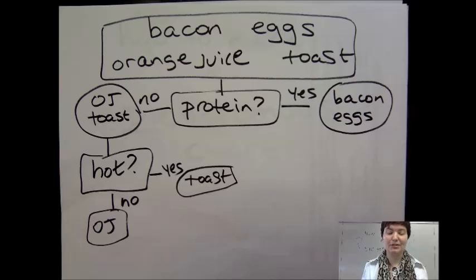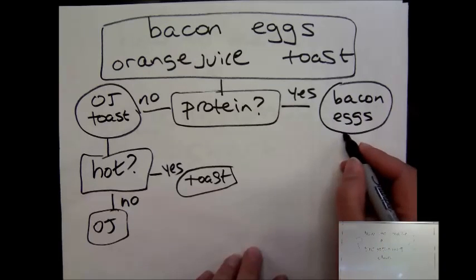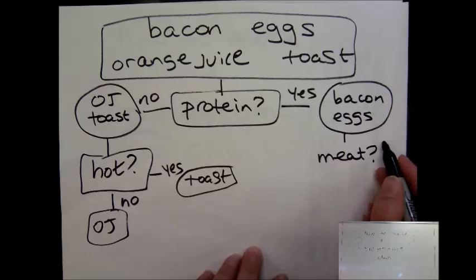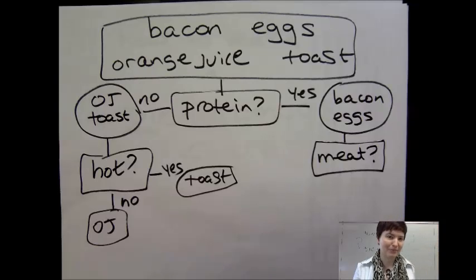Okay? Now, that helps me make the decision if I wake up in the morning and I don't want protein for breakfast, but what if I do want protein for breakfast? So how do we figure that one out? We have our bacon and our eggs. How are we going to decide between them? Do I want meat? Okay, that would be one question. Now, I recognize that some of you are going to argue with me that eggs are meat too.